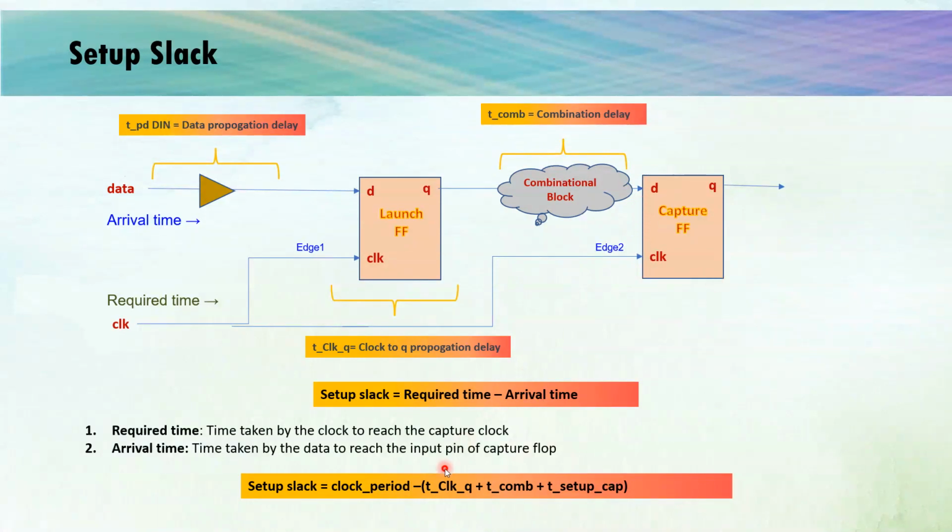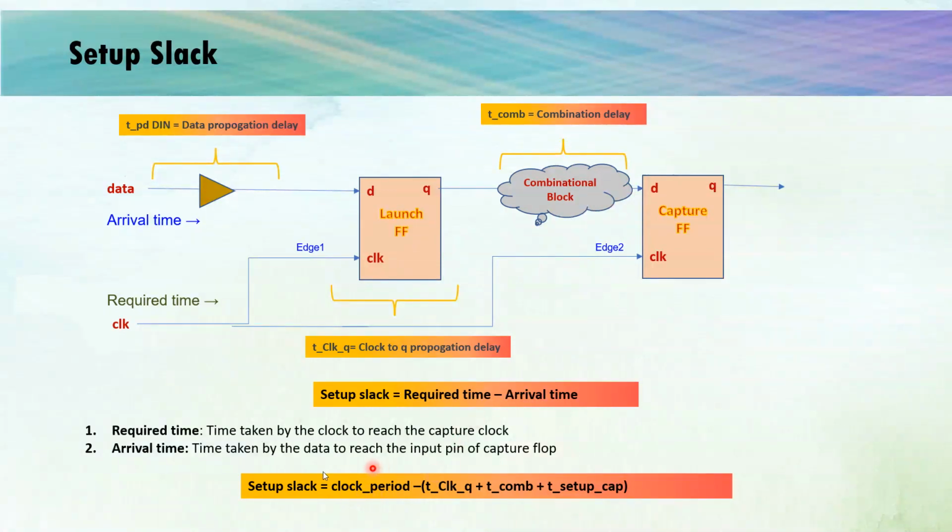If you look at the calculation, the required time is the time taken by the clock to reach the capture flop, and the arrival time is the time taken by the data to reach the D pin of the capture flop.